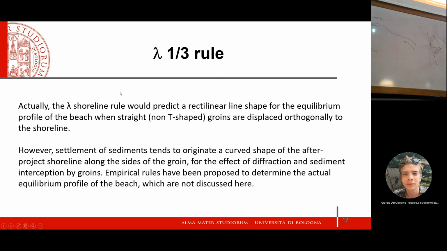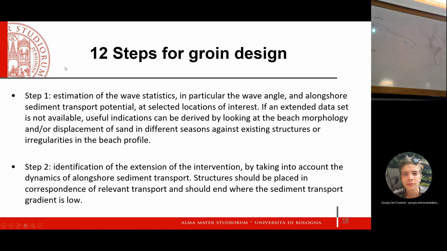most important suggestion. Now, if we want to design the groins, there are 12 steps which are suggested by a reference. I think it's the USDA manual, or the US ACE manual. I think the full reference is given in my website, and I think it's also available.